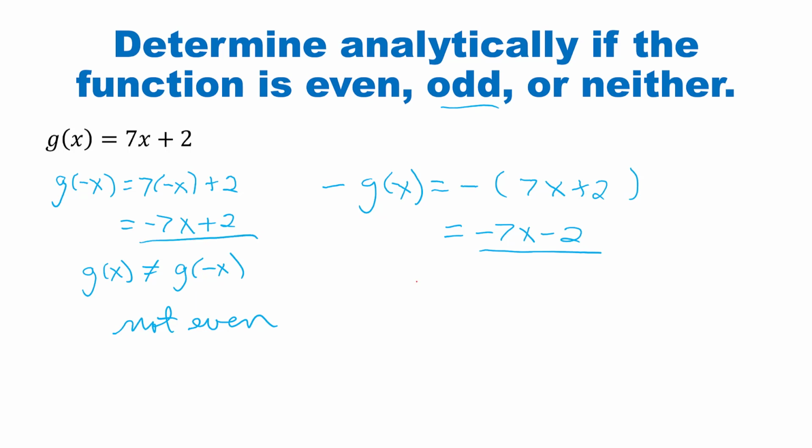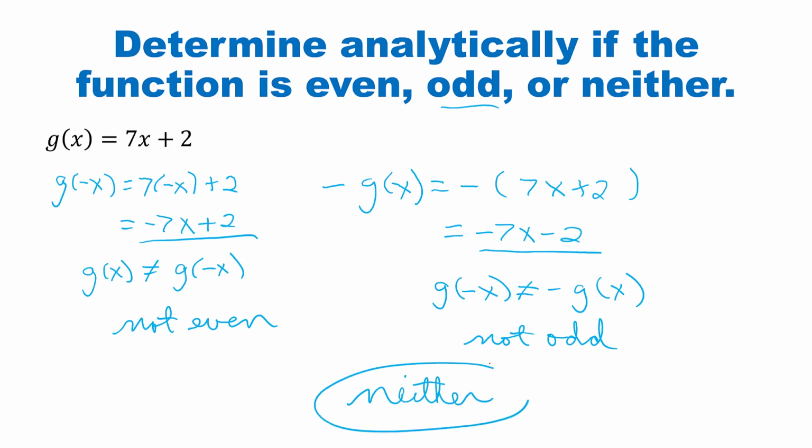This is not equal to g of negative x. And so what have we found? We found the function is not odd. Our conclusion is that this function is neither even nor odd.